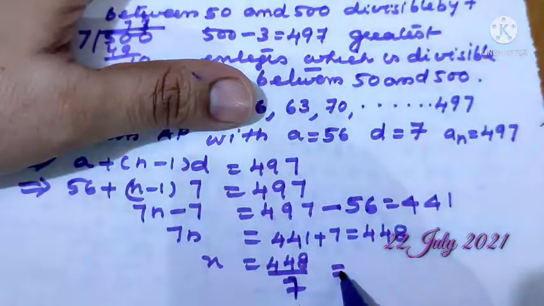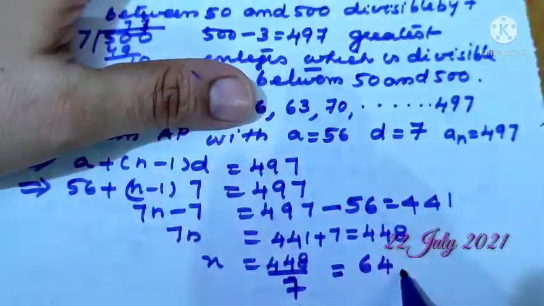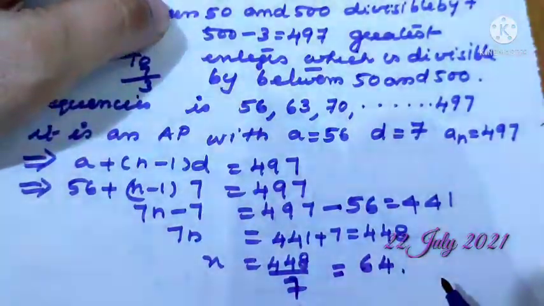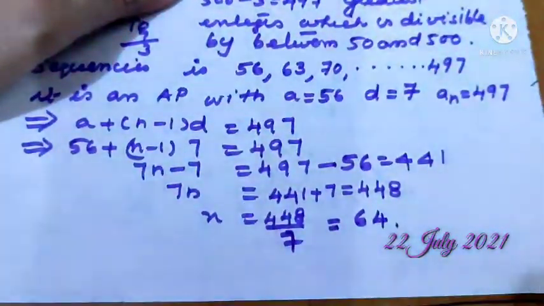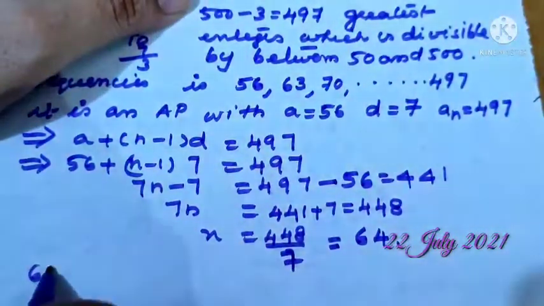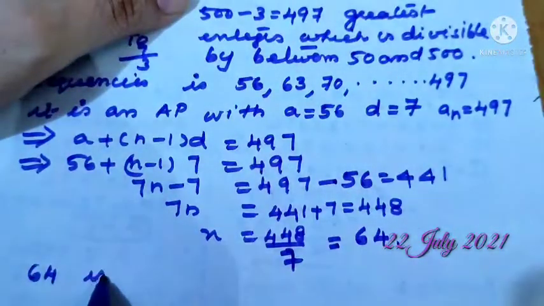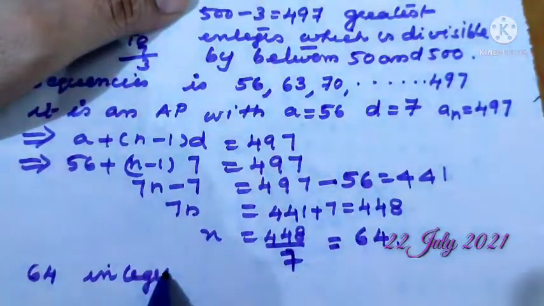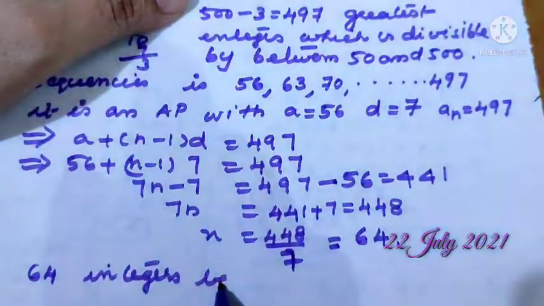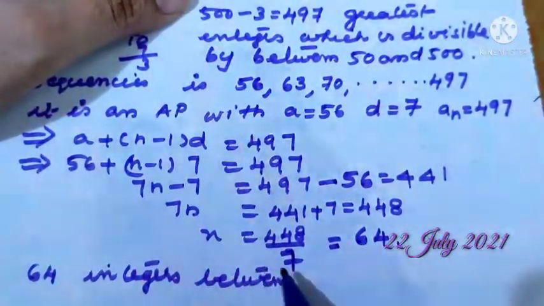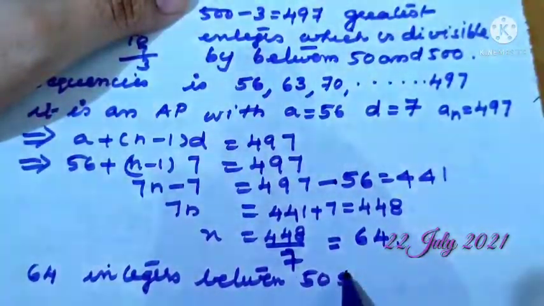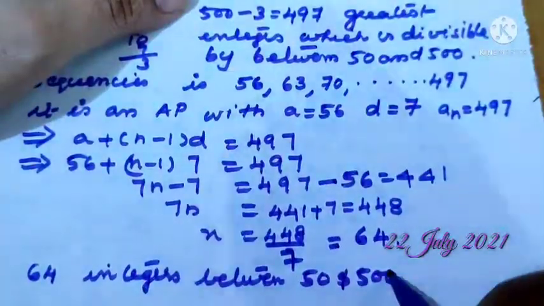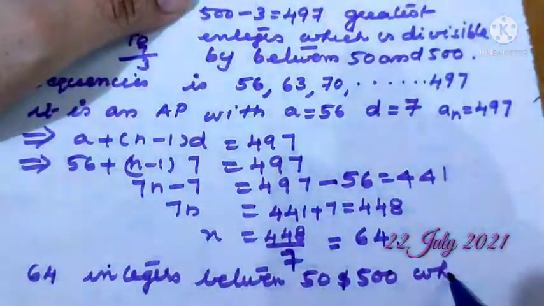It is equal to 64. So how many number of integers are there? There are 64 integers between 50 and 500 which are divisible by 7.